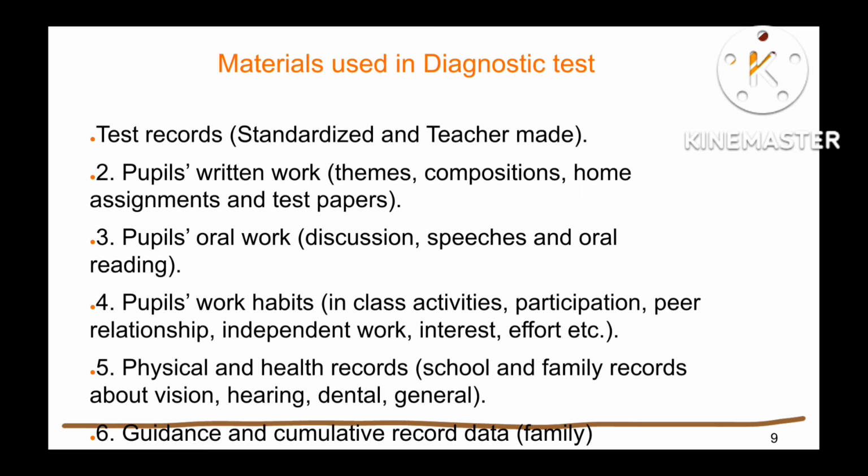Physical and health record, she can check the health record and family records also, whether the child has a dental problem, or hearing problem, or vision problem, she can check the records. Then guidance and communication record data, family background, anecdotal references, school activities.